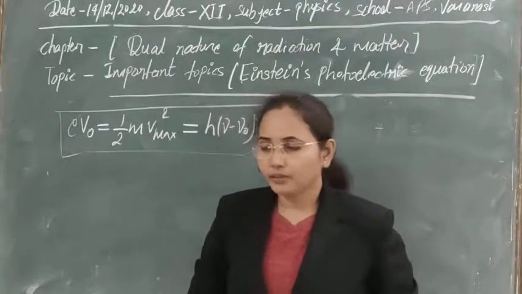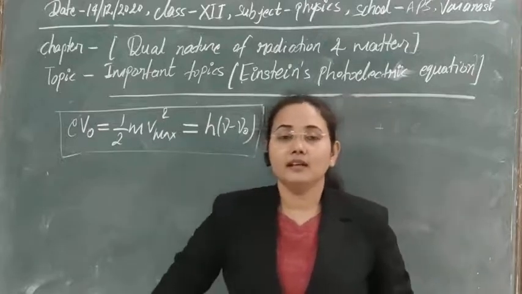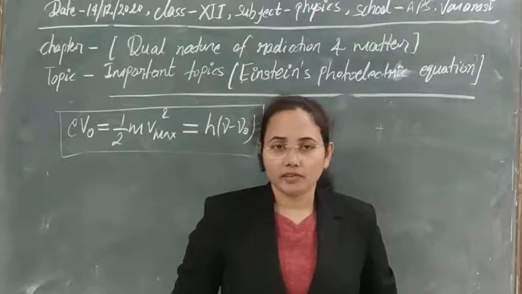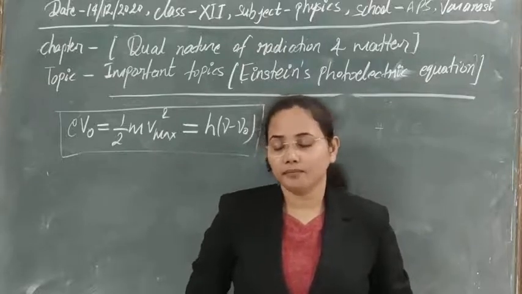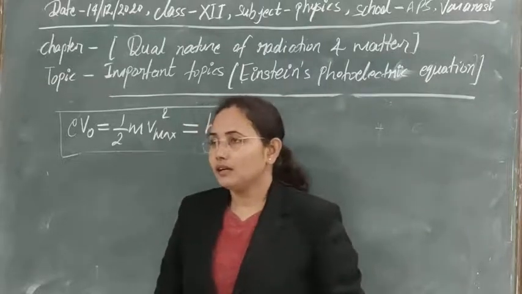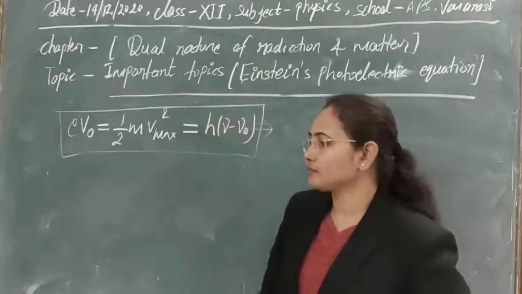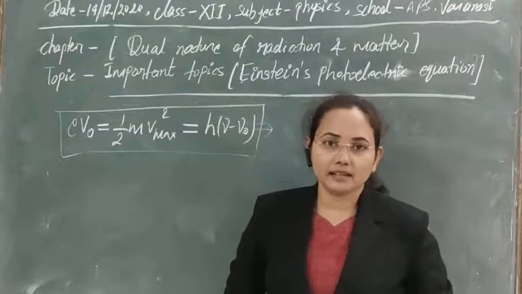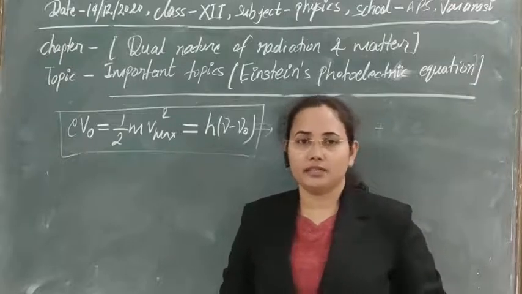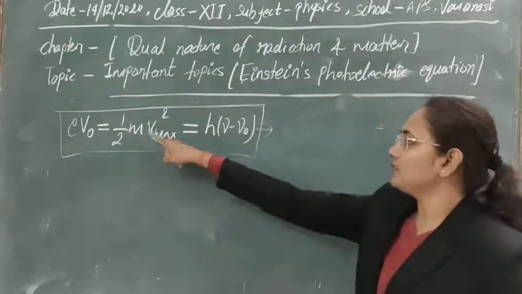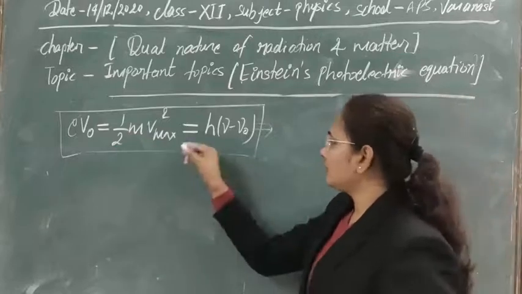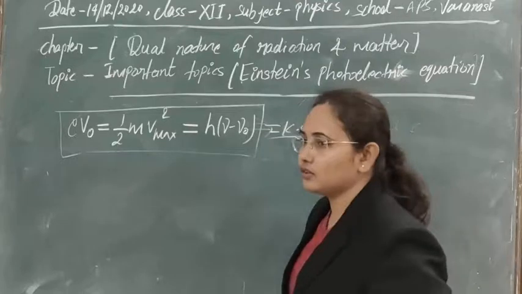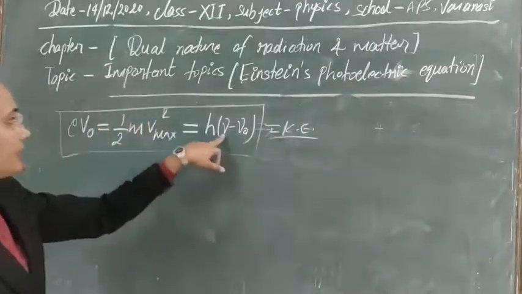Now let's see how we can explain the laws of photoelectric emission with the help of this formula, or with the help of Einstein's concept. The first law is that the kinetic energy of ejected photoelectrons is dependent on the frequency of radiation. With the help of this formula we see that the kinetic energy of photoelectrons is totally dependent on this factor.